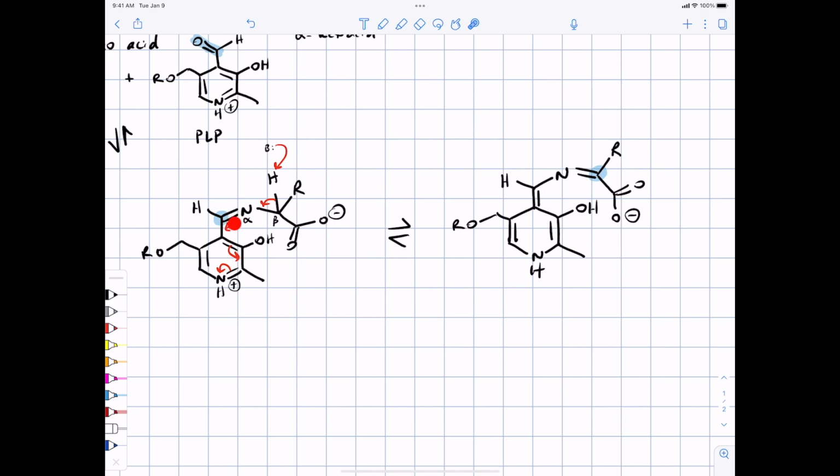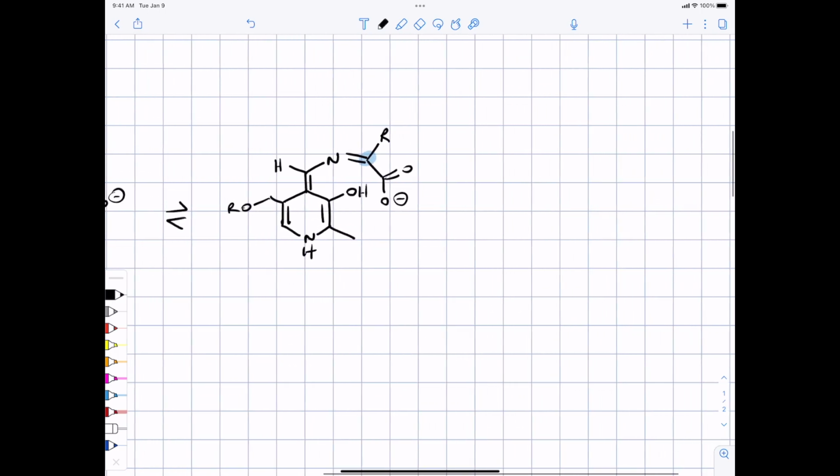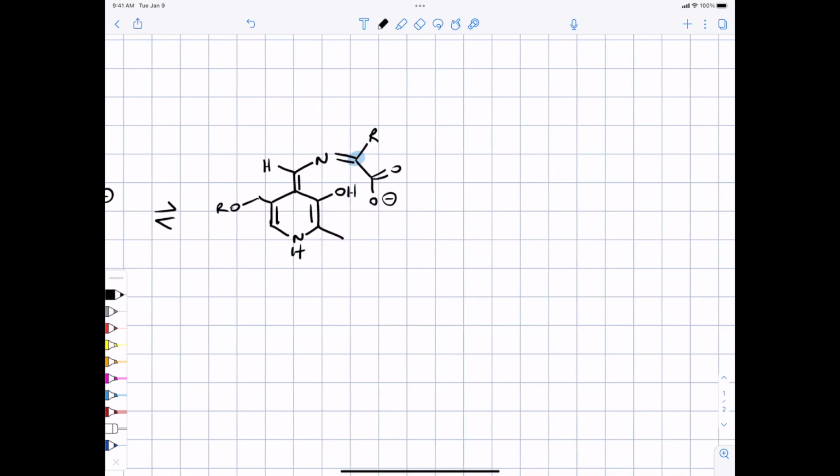That's just imine hydrolysis. And so now we can break the carbon-nitrogen bond for the amino acid just via simple imine hydrolysis.